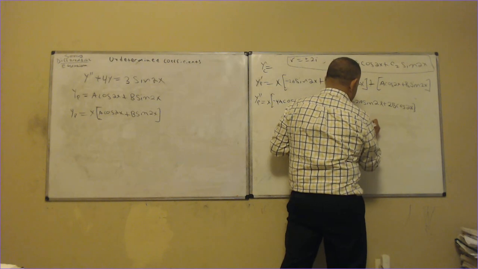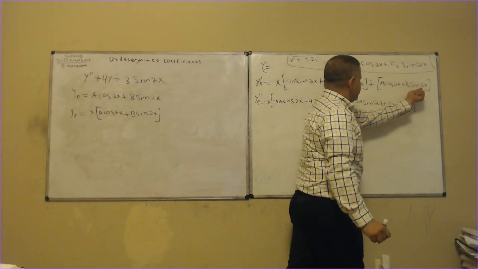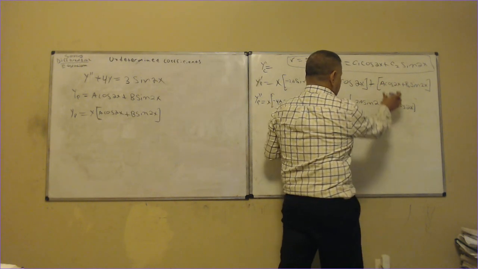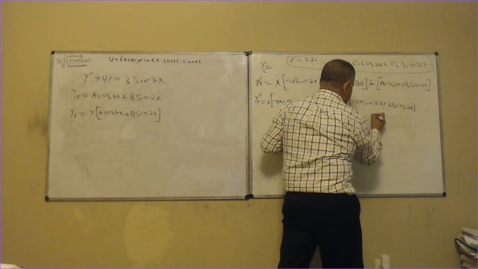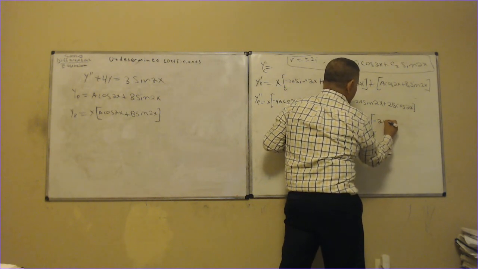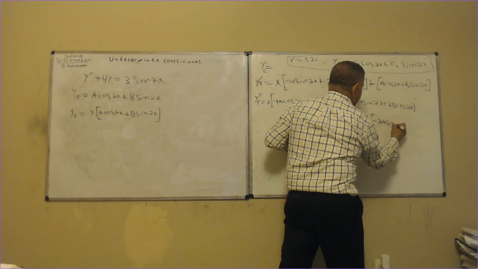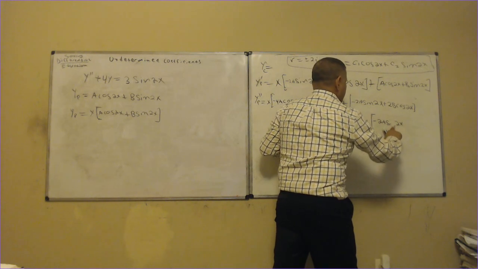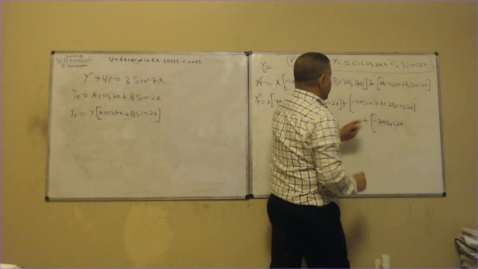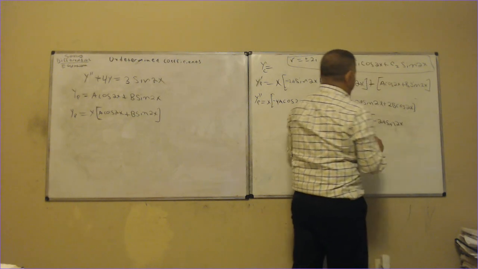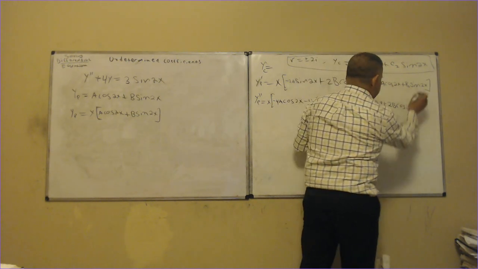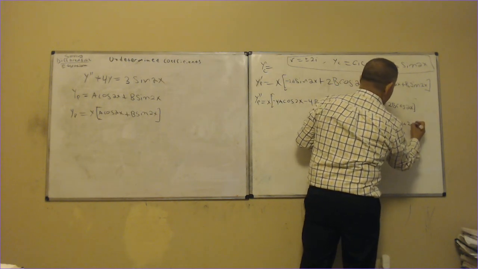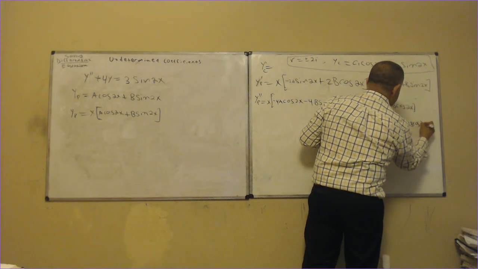So plus the derivative of this is equal to negative 2a sine of 2x, and then plus the derivative of that. Again, you know the front is plus 2b cosine of 2x.